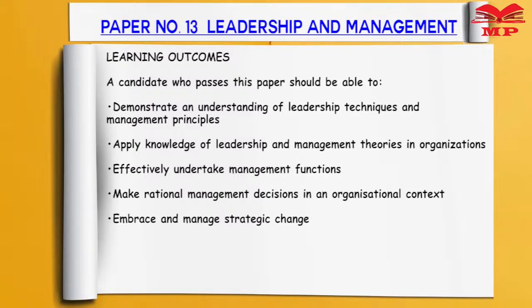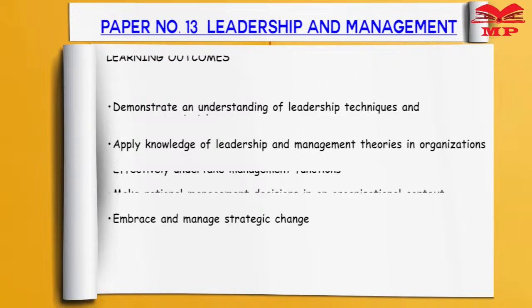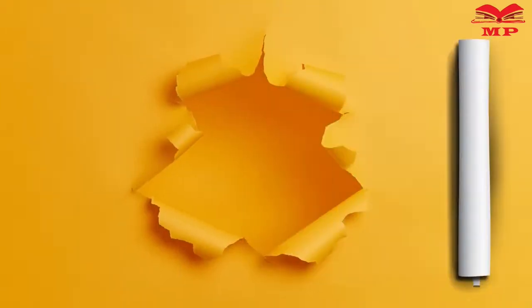Number 2, apply knowledge of leadership and management theories in organizations. Number 3, effectively undertake management functions. Number 4, make rational management decisions in an organizational context. Then lastly, embrace and manage strategic change. These are the 5 learning outcomes.